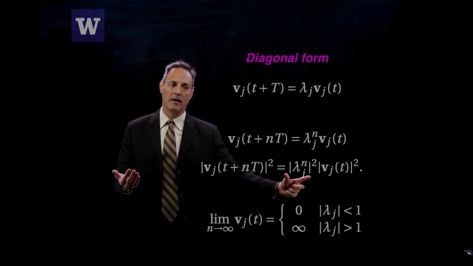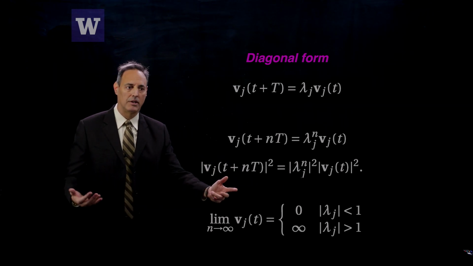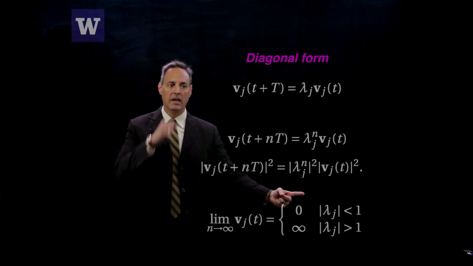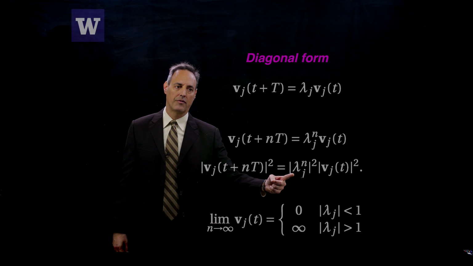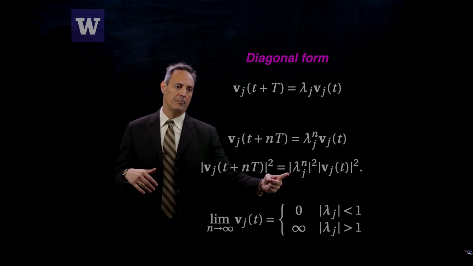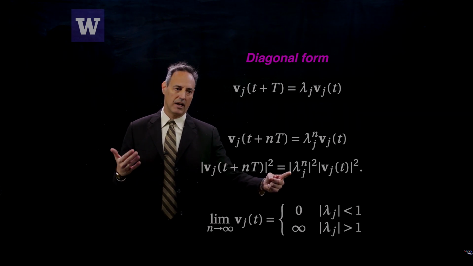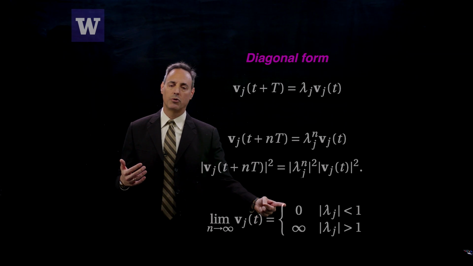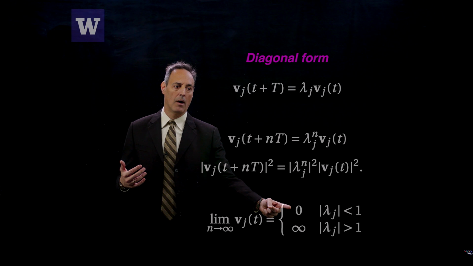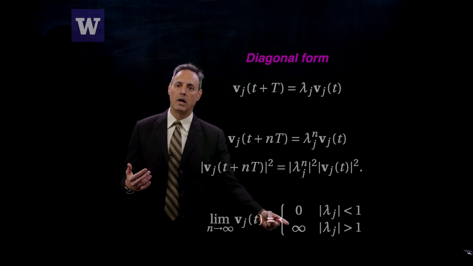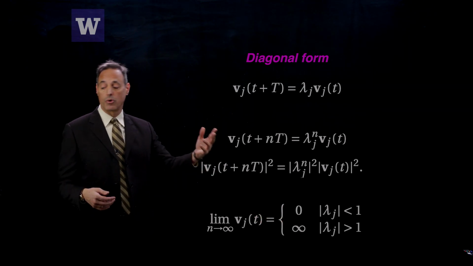In particular, here's the stability criteria, basically. If those lambda_j's are less than 1, okay? So if the magnitude of the eigenvalue is less than 1, then this thing is going to go to 0, right? Because you're taking this thing to the nth power. However, if it's greater than 1, this thing will go to infinity.